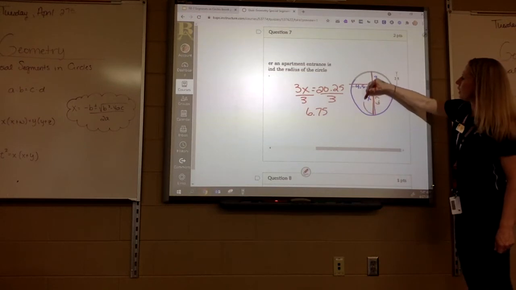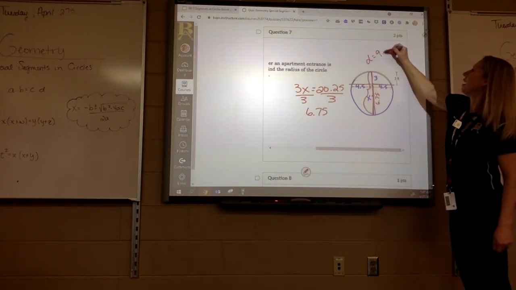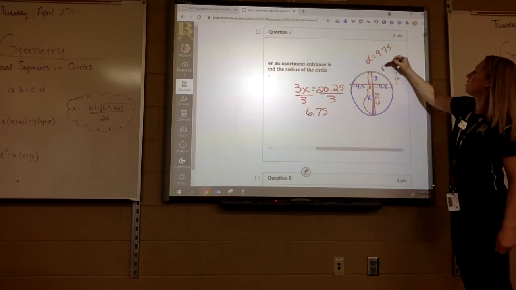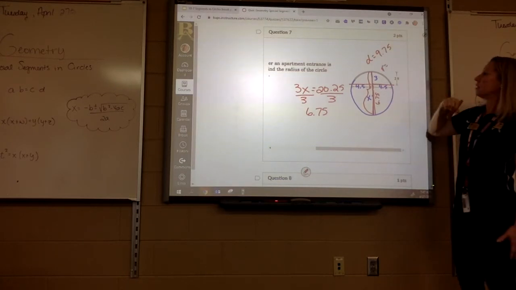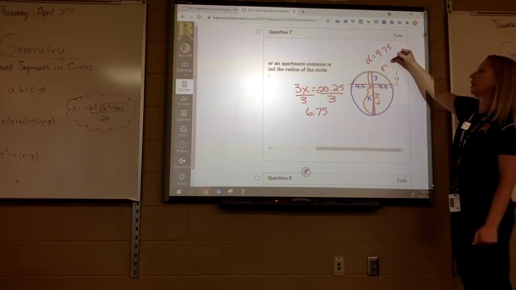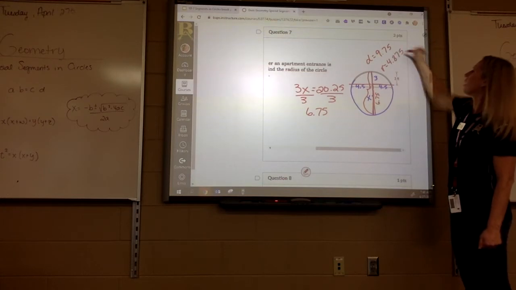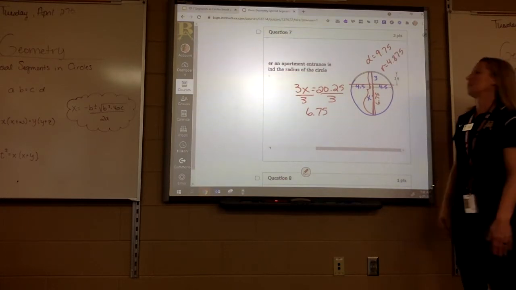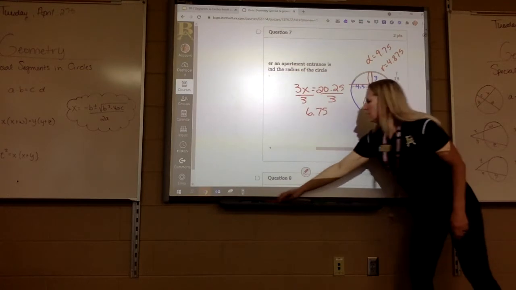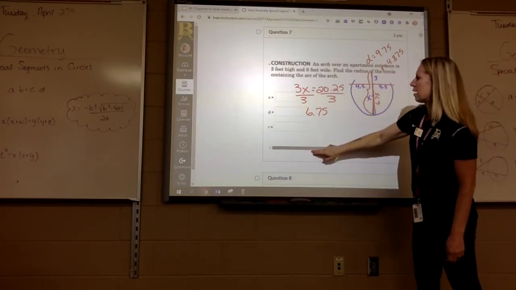What would the whole length of my diameter be? 9.75. What would I do to get the radius? Divide 9.75 by 2. What is that? 4.875. Okay. Keep the big long decimals in that. So it has a spot for x, the diameter, and the radius.